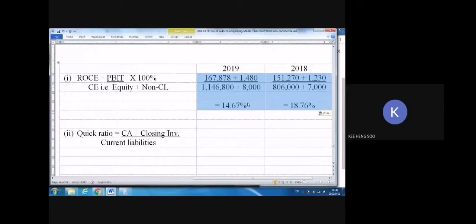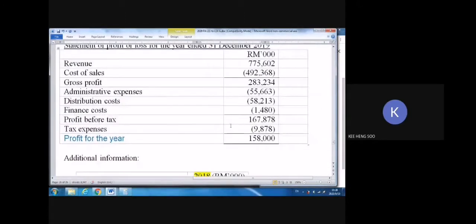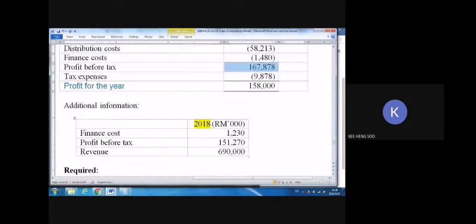Profit before interest is 167,878. Can you see that? And profit before tax is here. This is 2018. I give you 2 years. 167,878 and 151,270. Then you add back your interest 1,480 and 1,230.